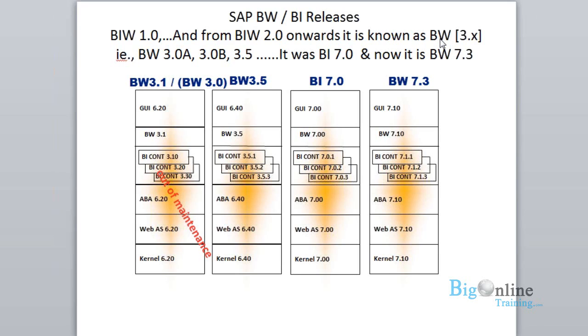Then later on, around 2004, they came up with one more version, 7.0. When they were coming out with this version, in the market there were many other business intelligence tools like OBI, Informatica, Cognos. Just to say that this is also similar to those, no different.